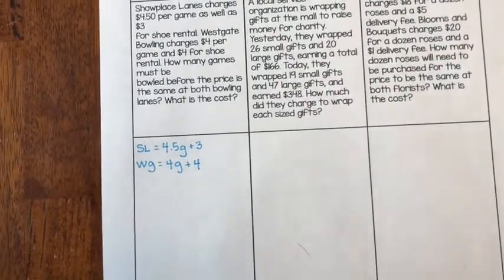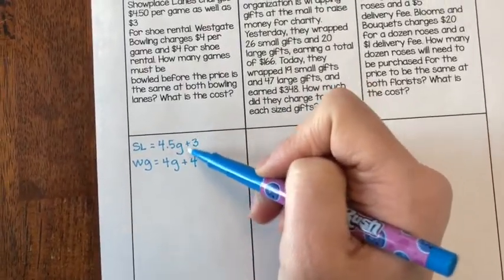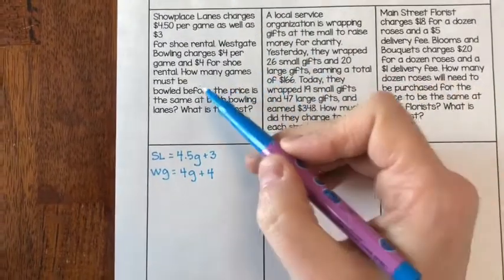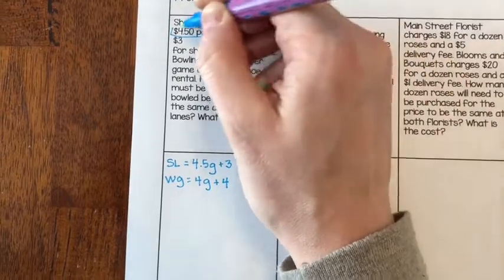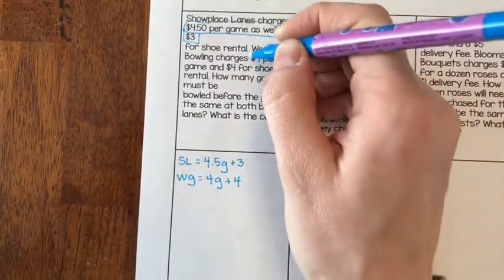It doesn't matter if I play 15 games, 2 games, or 1 game, I'm always going to be charged this $3. Same with down here. So this equation was right here, and then the second equation was right here.